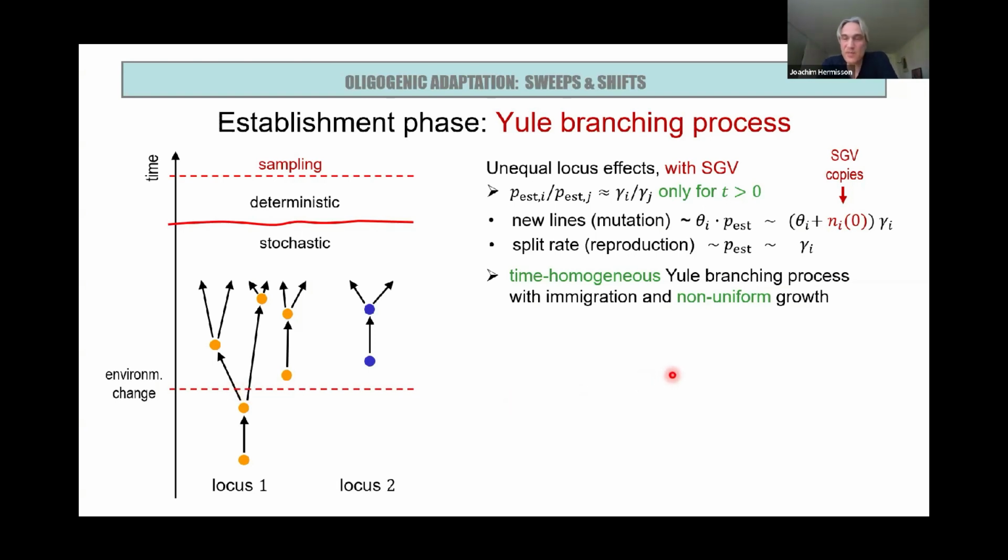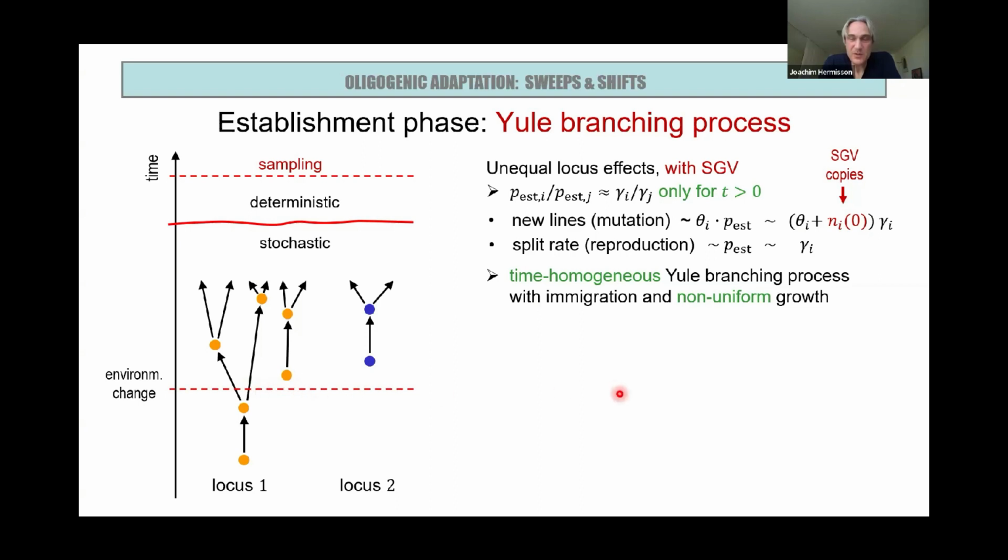To do this in an appropriate way, what we need to do is to enter them into the mutation part of it. This may seem a little bit surprising, but the reason simply is that new lineages can, of course, always be created by a new mutation, but also by the ones that were already there in the standing genetic variation at the time of the environmental shift.